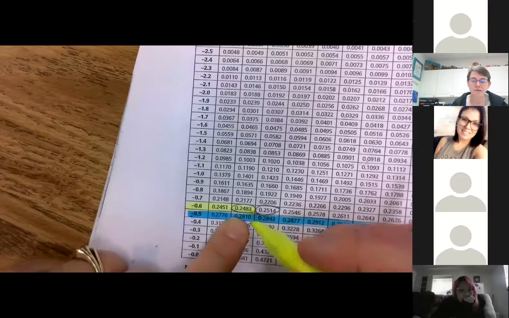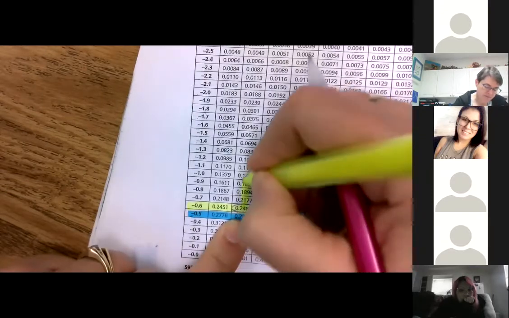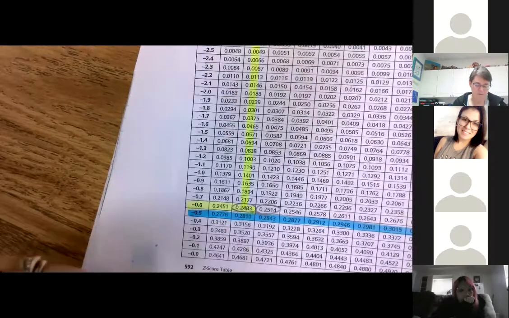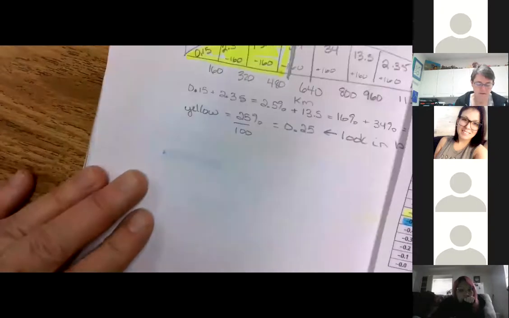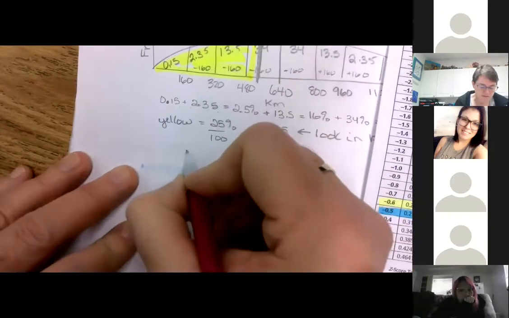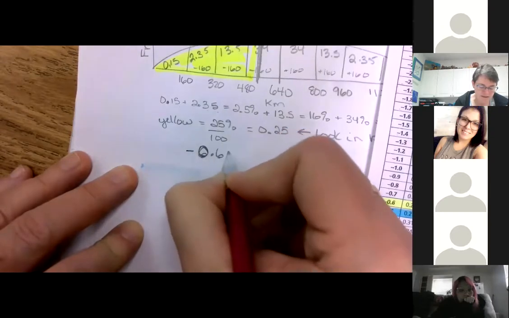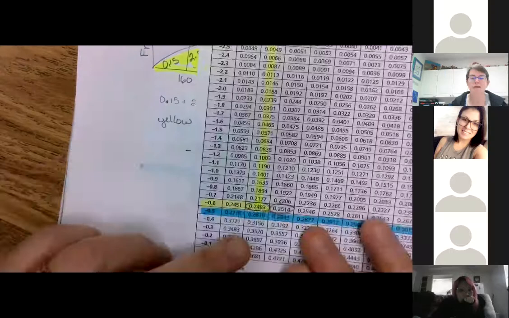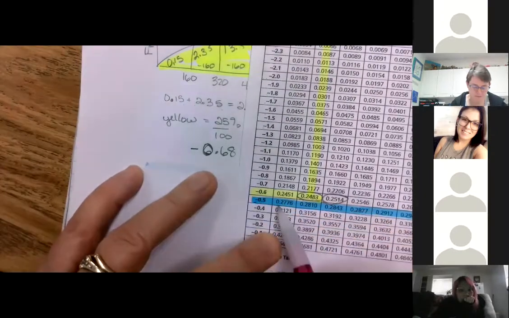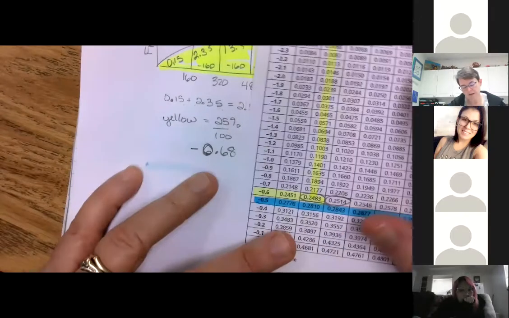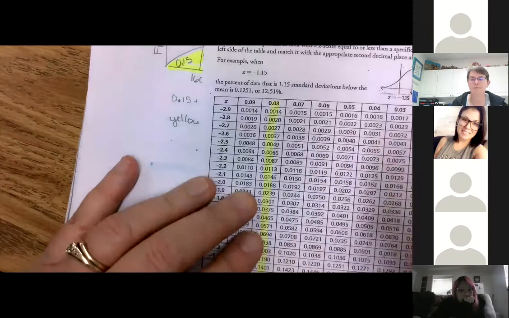So negative 0.6. And then we go up, and we got 0.08. So this corresponds to negative 0.68. So that's where the negative 6 part came from. The first part came from here. And then we read across and up to the top, and that's where the 0.8 came from.